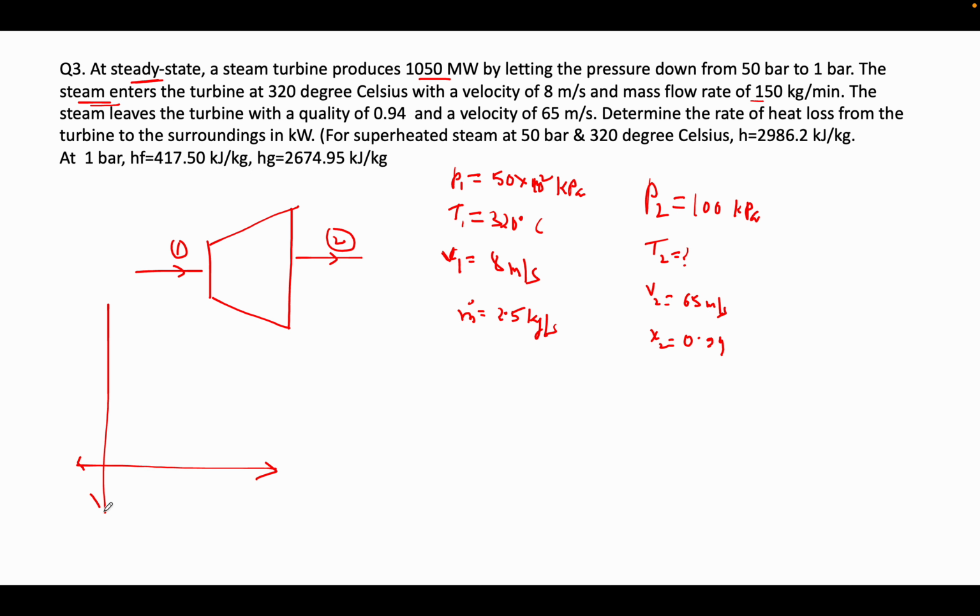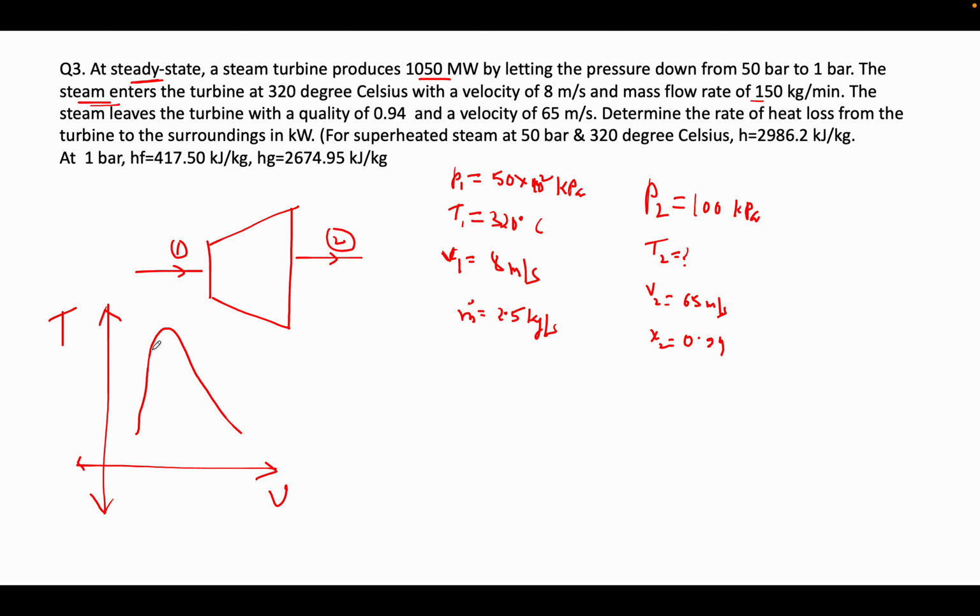Now there are so many, you have already seen, I think, the PV diagram. That is one famous property diagram, and there is the TV diagram. In that TV diagram we can draw the constant pressure lines. This dome is the part where it is a mixture of both.